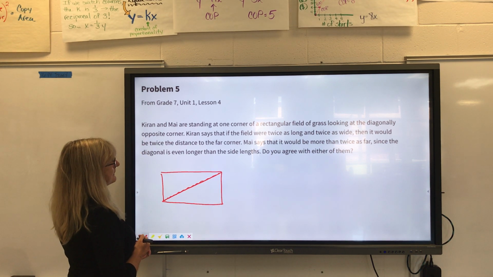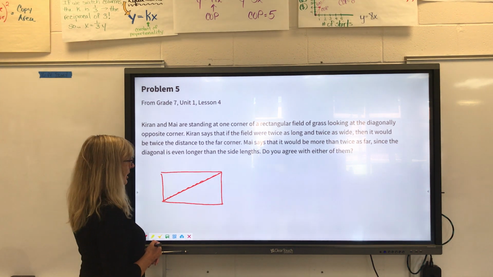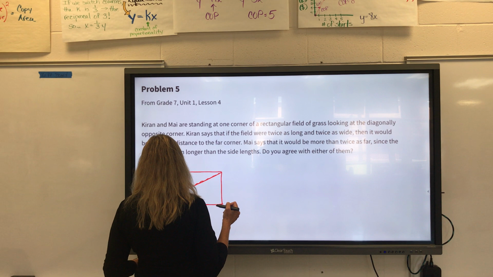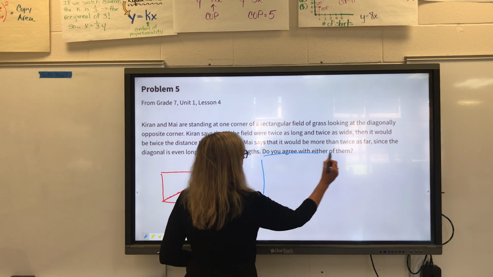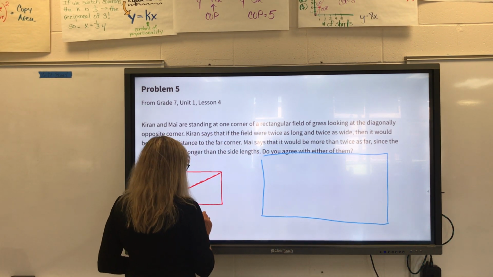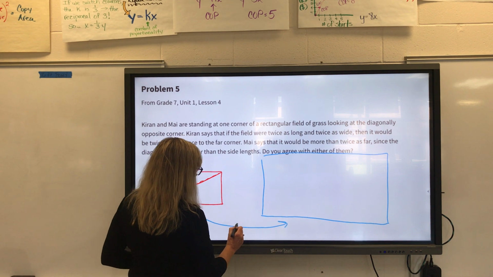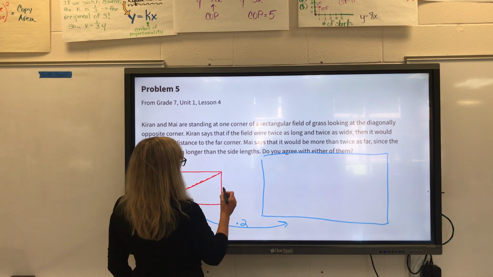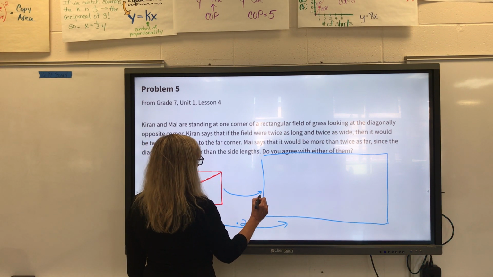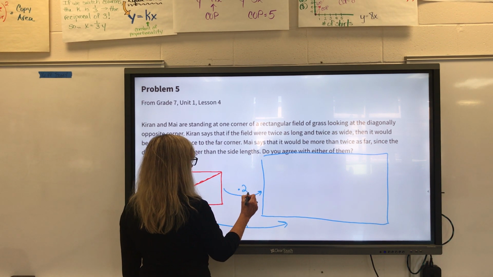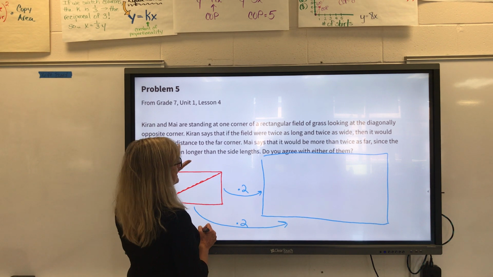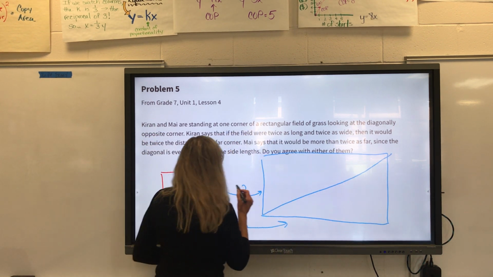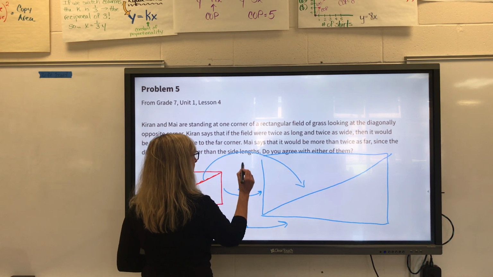Karen says that if the field were twice as long, so if I draw another field and I multiply the length by 2, and the width is twice as long, I multiply that by 2, she says the distance of the diagonal would also be multiplied by 2.